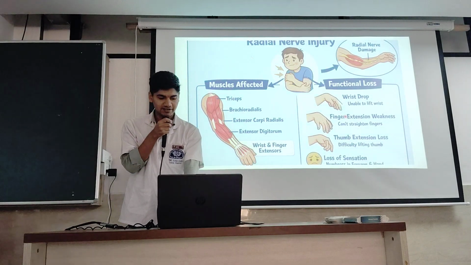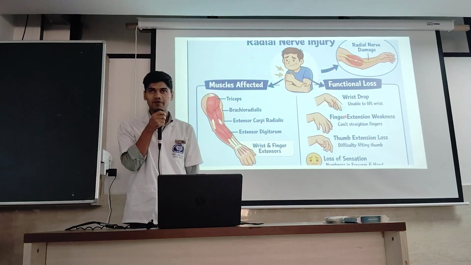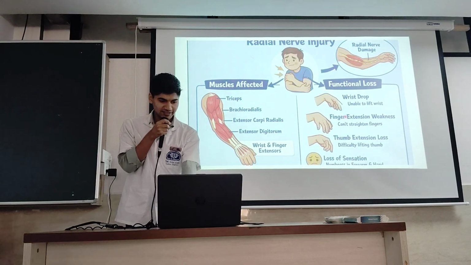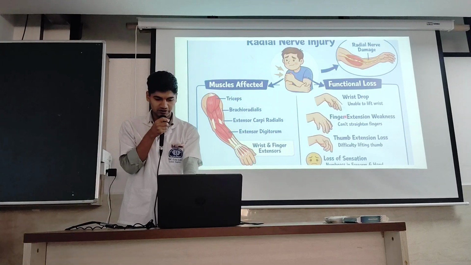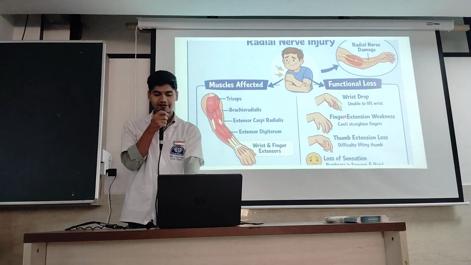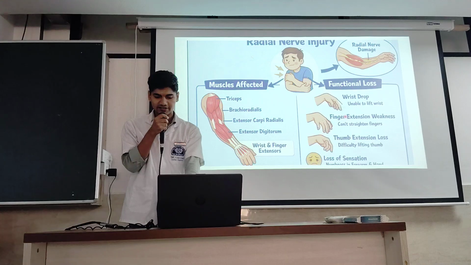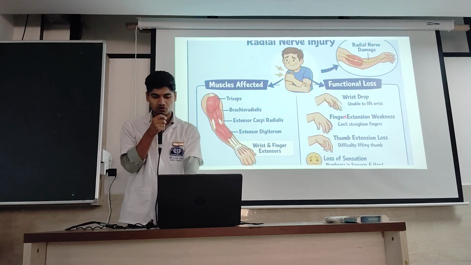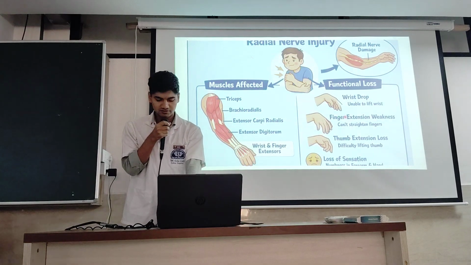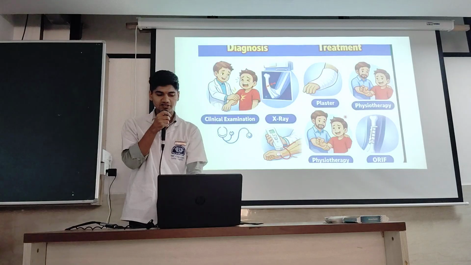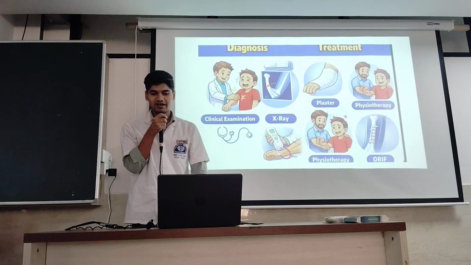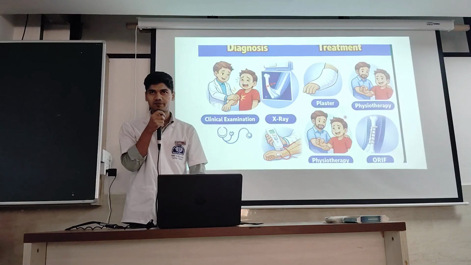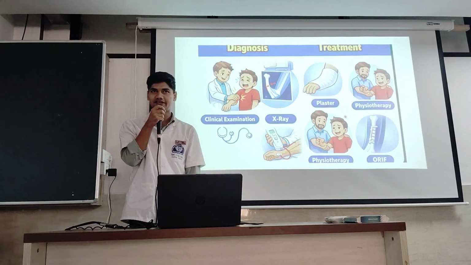The muscles affected are triceps, brachioradialis, and the extensors of the forearm, such as extensor carpi radialis and extensor digitorum. The functional loss involves wrist drop, finger extension weakness, thumb extension loss, and loss of sensation. The diagnosis involves X-ray and nerve conduction studies, and the treatments are plaster, physiotherapy, and ORIF, which stands for Open Reduction Internal Fixation.